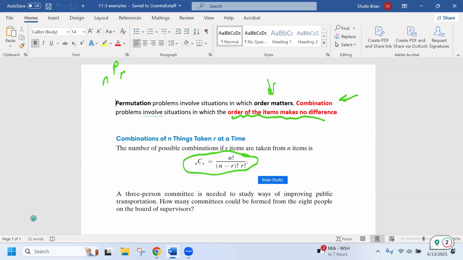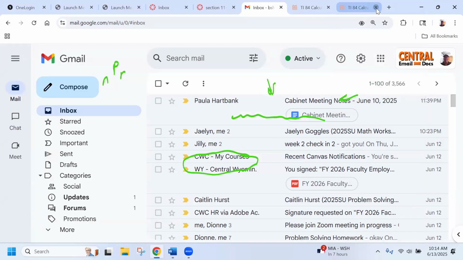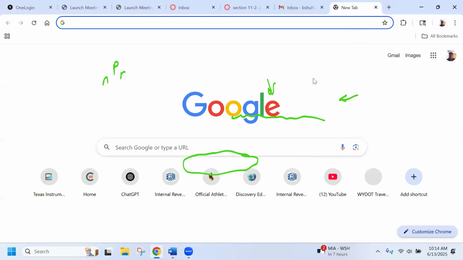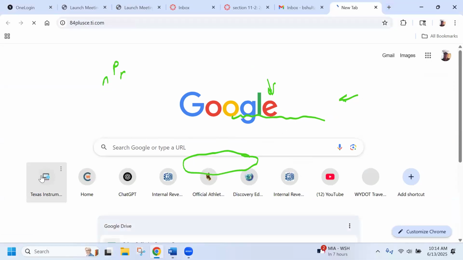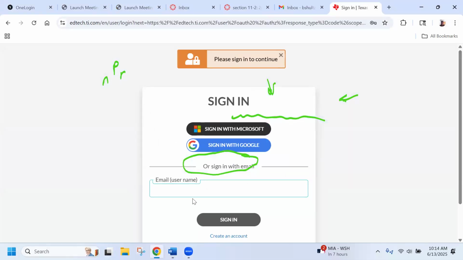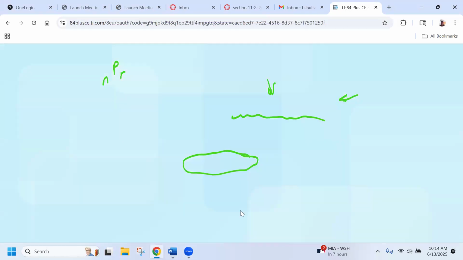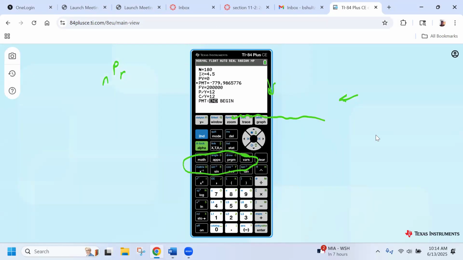And again, we do not use our formula. It reminded me that I wanted to open up my calculator real quick because I forgot about it. Now I have my calculator.